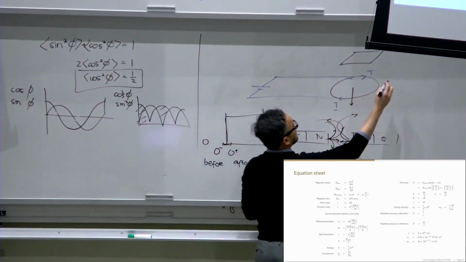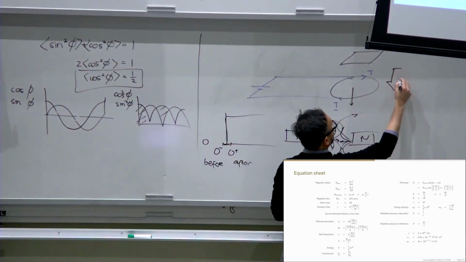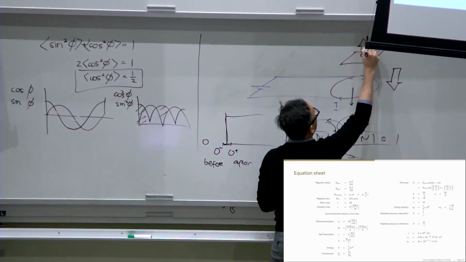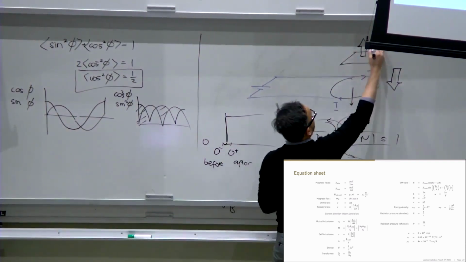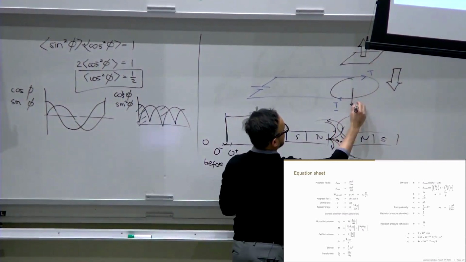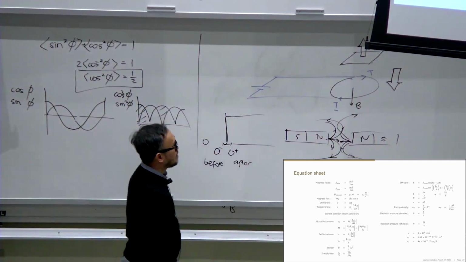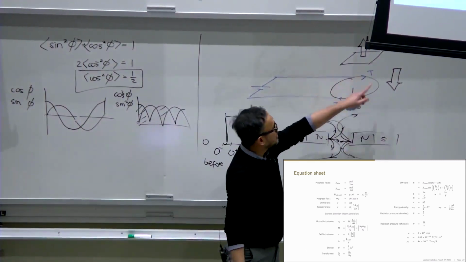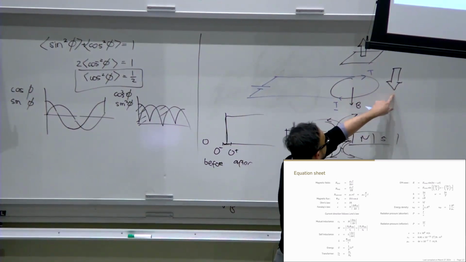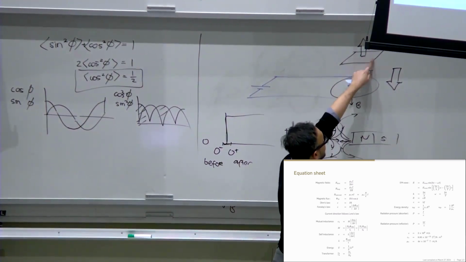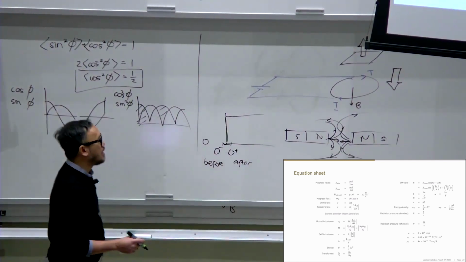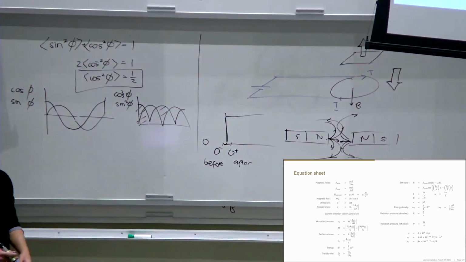Since the external flux points down and it increases, the loop will generate a magnetic field that points up, and then it will repel. Okay.